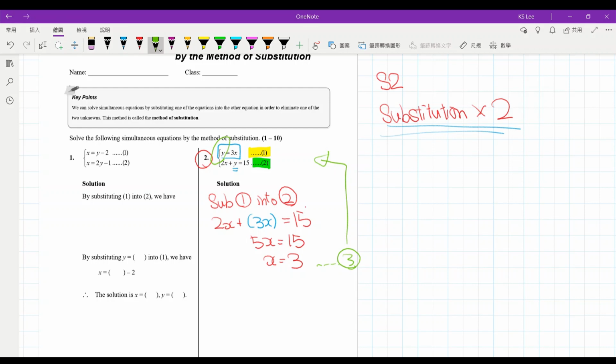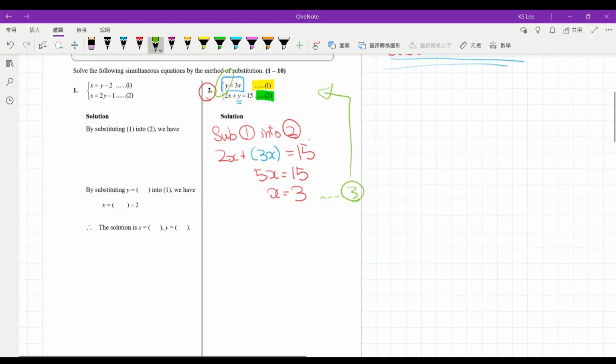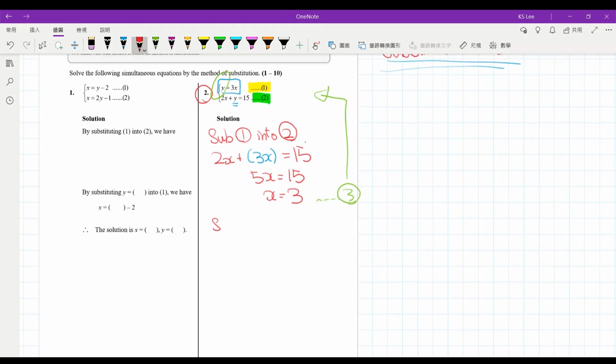So let's work out our step. Therefore, we have the solution. x is 3, y is 9.